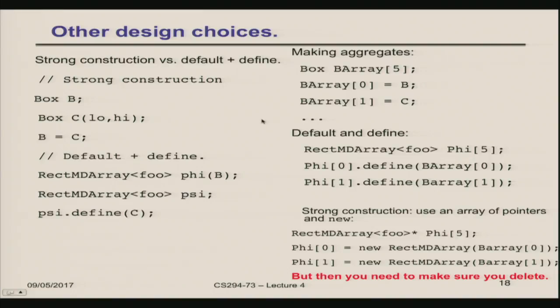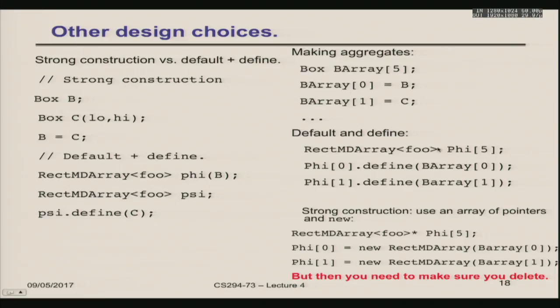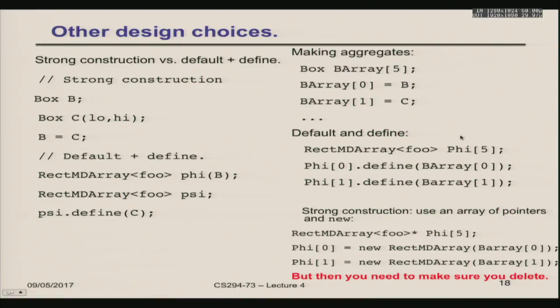And the place where you see it's not petty is if you try to make aggregates of things. Let's say you wanted not just a single rectMD array, but an array of length 5 of rectMD arrays. Here's how you would do it using default and define. You would have rectMD array foo of phi, and each one of these would implicitly call a default constructor.